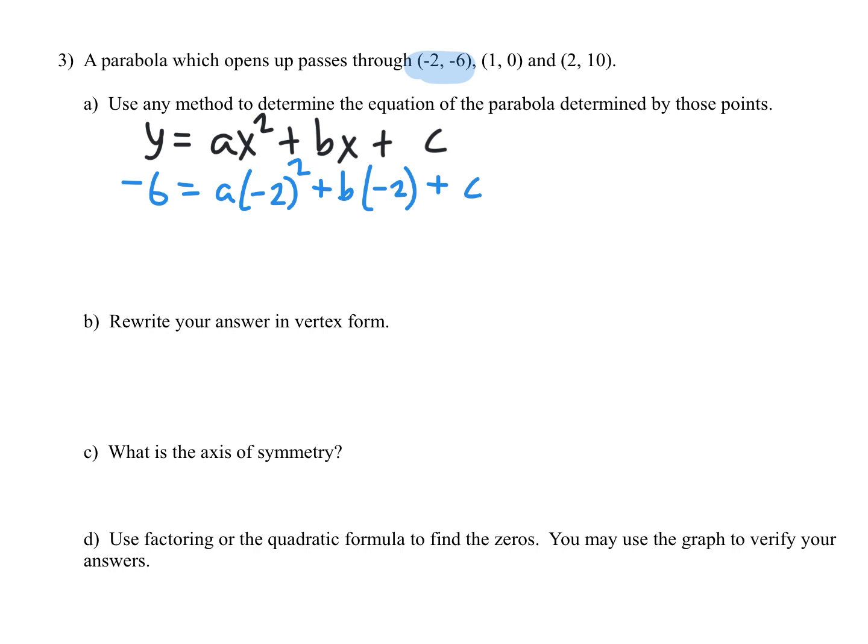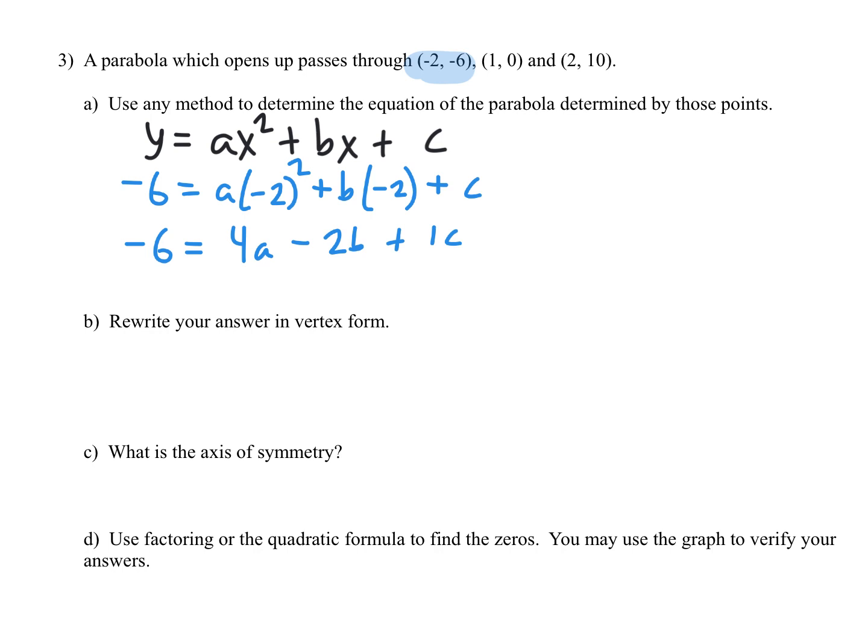Okay, so I literally just plugged in the y and then the x in each spot, and simplified the right side of the equation. The -2 squared is +4, -2 times b would be -2b, and then it would be +1c. And then doing a similar process, writing a second and third equation for the other ordered pairs, and then using the matrix method to actually solve for a, b, and c.